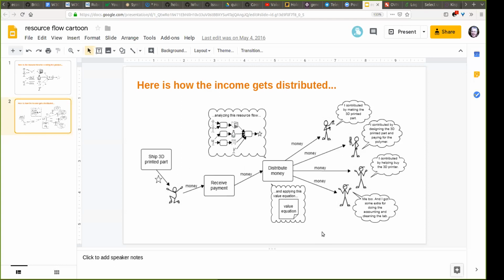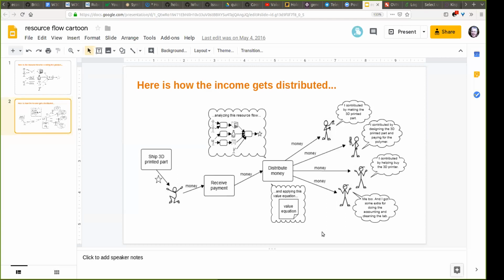So if this guy worked 5 hours, the formula might say he gets 20 Canadian dollars per hour, and so he's in for $100 or whatever. The formula for people getting paid back for contributing for the printer might be a really small percentage of what they contributed.